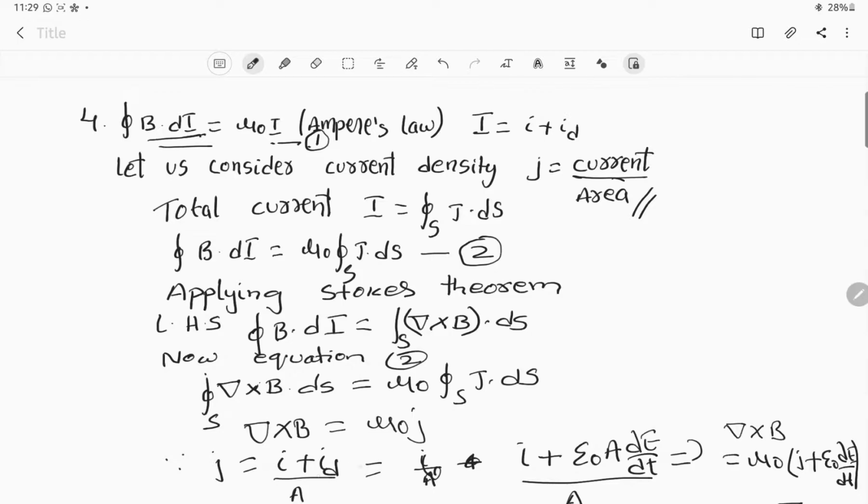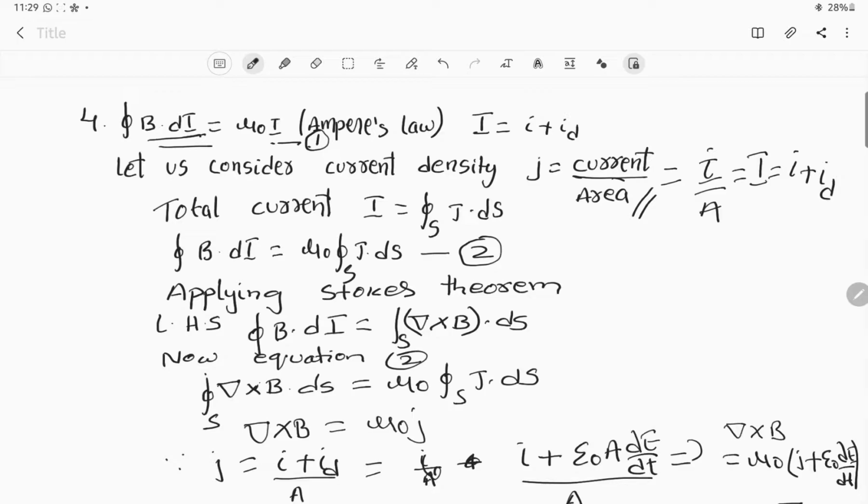So I plus Id resembles the total current, divided by the area that is represented with A. So I by A, you are already aware, is J. Here the total current is I plus Id. If you can just remember this, it will be easy for you.